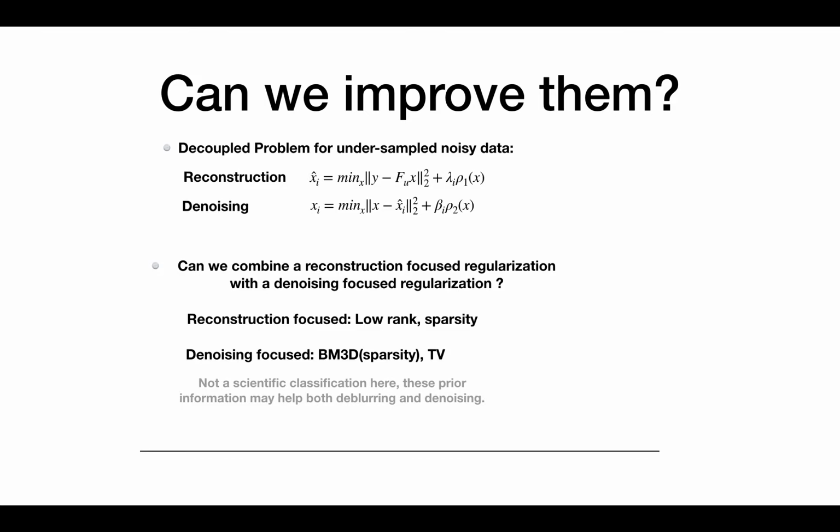The first step is a reconstruction problem, and the second is a denoising one. And I want to see whether we can combine a reconstruction regularization with a denoising one. Though it is not reasonable to classify these priors, I just want to try to combine them together, so I made a classification here.